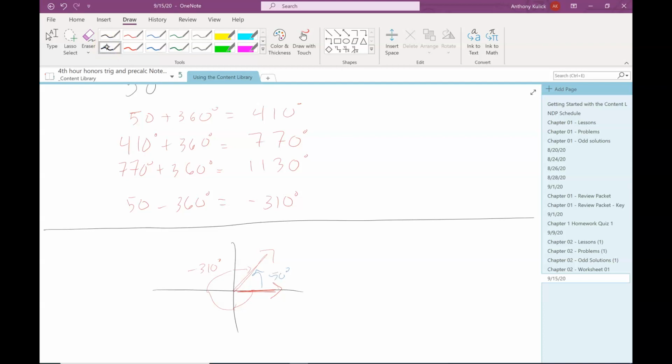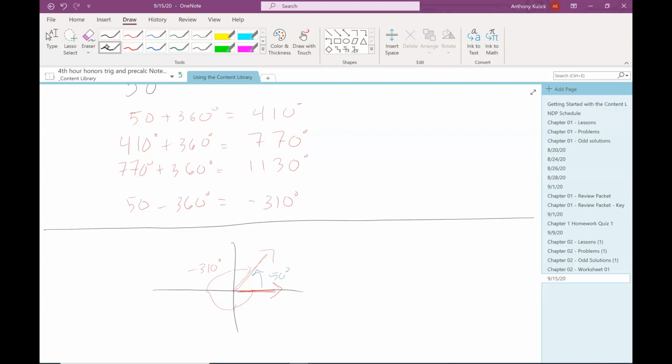This is a super, super important concept. It's one of those that, if you don't get comfortable with this idea of coterminal angles and being able to draw these angles, life gets very difficult very quickly. So this seems like kind of a silly skill, it is not.